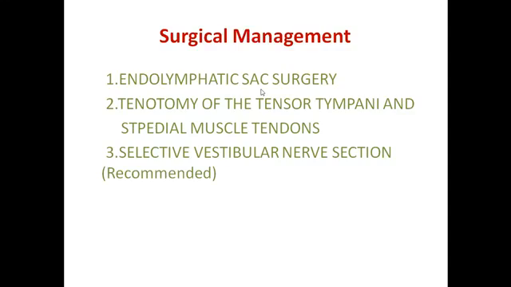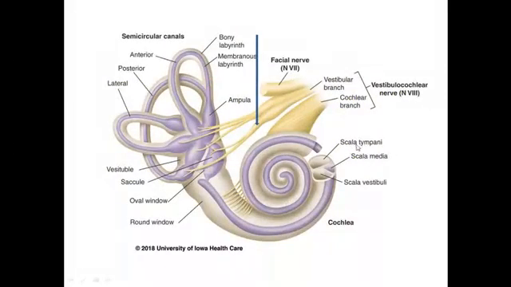Another is selective vestibular nerve section. If I try to make a good view, here you see the vestibulocochlear nerve has two components. One is the vestibular part, another is the cochlear part. So the vestibular branch of the vestibulocochlear nerve gives the supply to the vestibule, which is concerned with the disease.